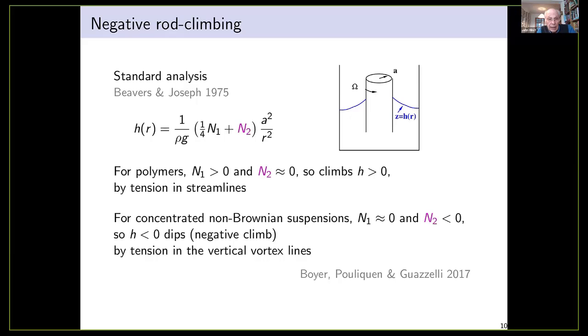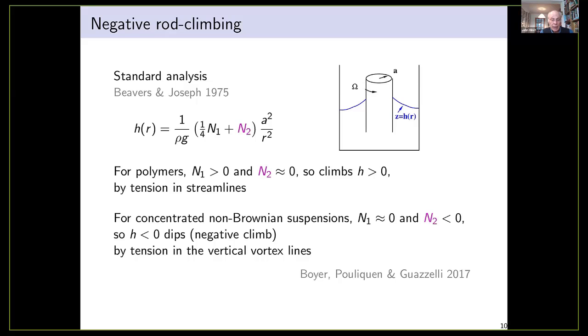Right, so in polymers, N1's positive, N2's negligible, so the free surface goes up, the liquid climbs the rotating rod. However, in these non-Brownian suspensions, N1 is pretty near to 0, N2 is negative, and therefore the free surface near to the rod goes down.